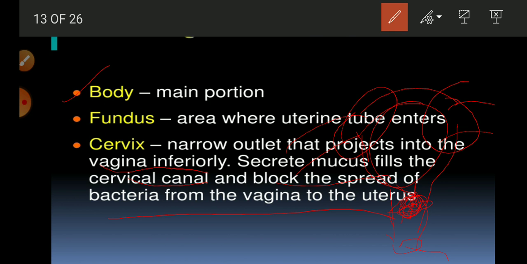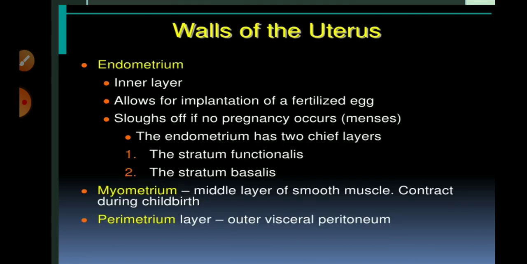It also secretes mucus which fills the cervical canal and blocks the spread of bacteria into the uterus. It secretes mucus to ease the entry of sperm, and also to block the bacteria, because it has certain enzymes to kill them.